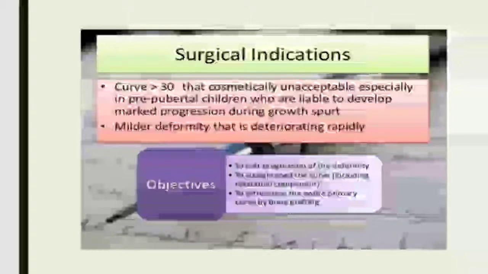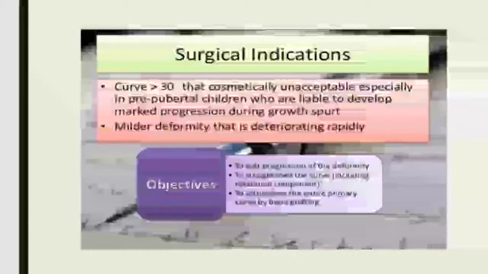Objectives: to halt progression of the deformity, to straighten the curve including the rotational component, and to arthrodese the entire primary curve by bone grafting.